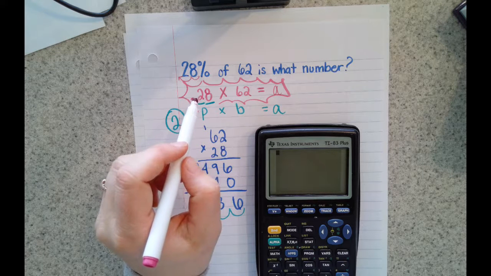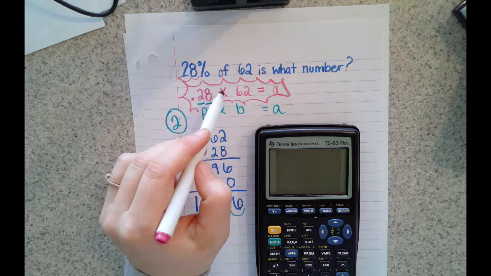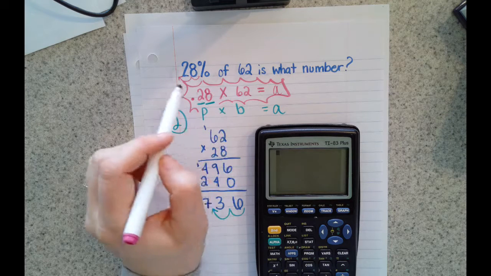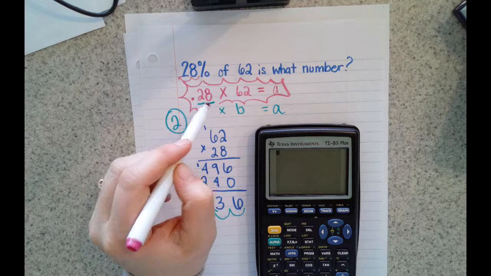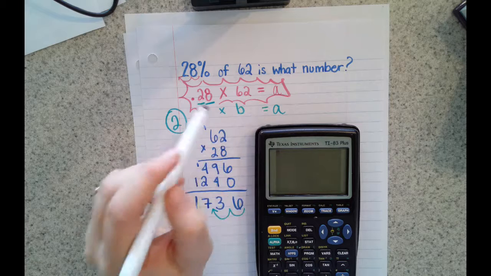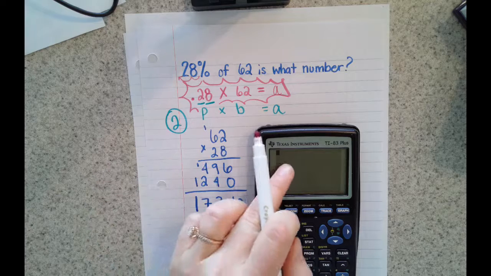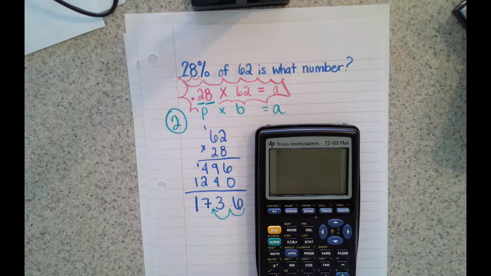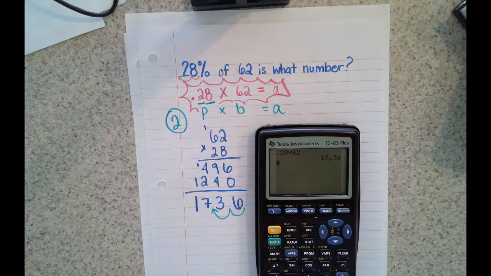This is basically you translating into math language, translating of to times, is to equals, writing 28% as a 0.28. Okay, I need to see this work if you want to get credit. So as long as you show the work that I have in pink here, that's great. And then you can use your calculator to do the math, the 0.28 times 62, which we already found to be 17.36.